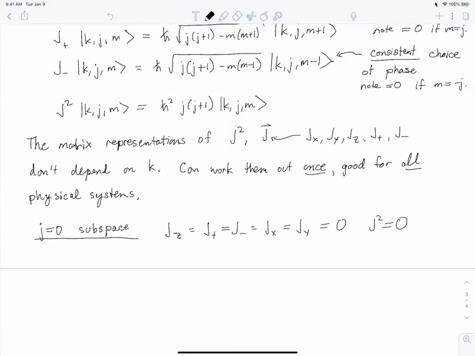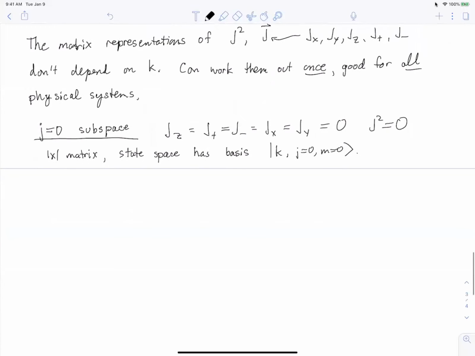And so we can think of these as a 1-by-1 matrix of zeros. There's only one state space element for each k. So I can write here |k, j=0, m=0>, and any angular momentum operator acting on that just gives back 0. So that was too easy. Let's do the next one.